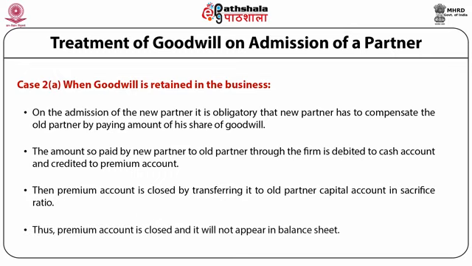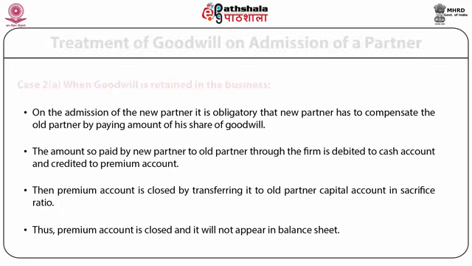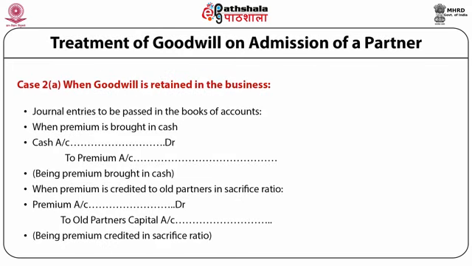Thus the premium account is closed and it will not appear in the balance sheet. The journal entries to be passed in the books of accounts: when premium is brought in cash, cash account debited to premium account. When premium is credited to old partners in the sacrifice ratio, premium account debited to old partners' capital accounts in the sacrificing ratio.